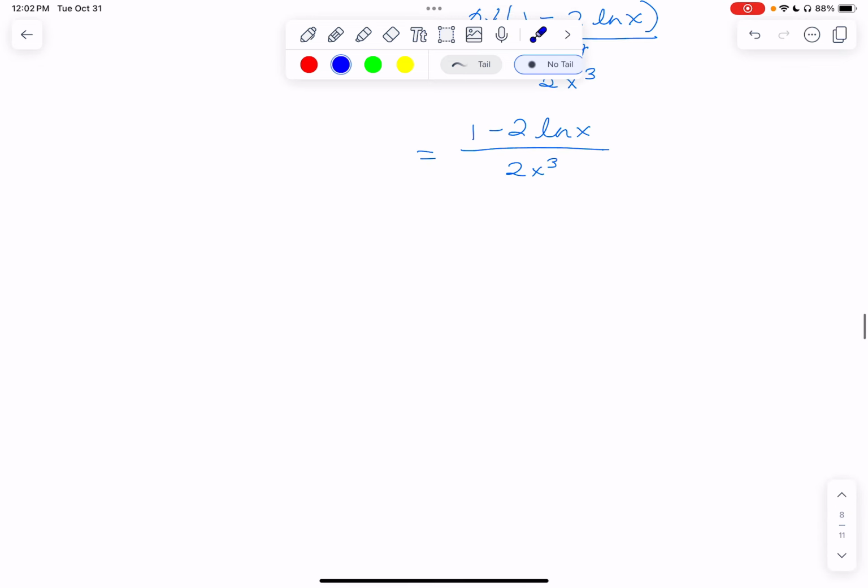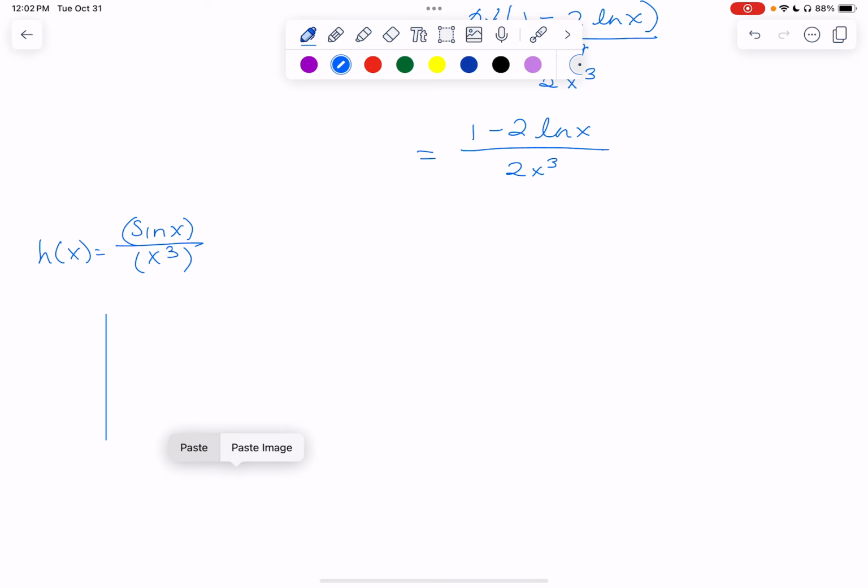All right, let's take a look at another one. What else did we have? We had an h of x, which was equal to a sine x over an x cubed. And those were both in parentheses. If I make my crisscross, I'm going to have my u, my upper, is equal to sine x.